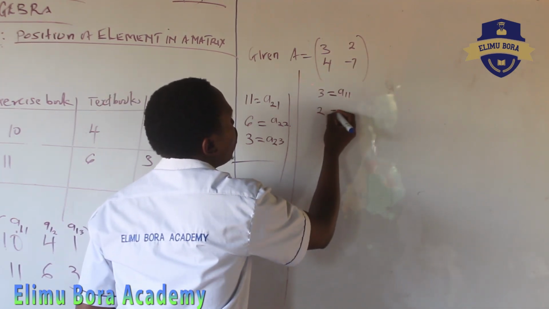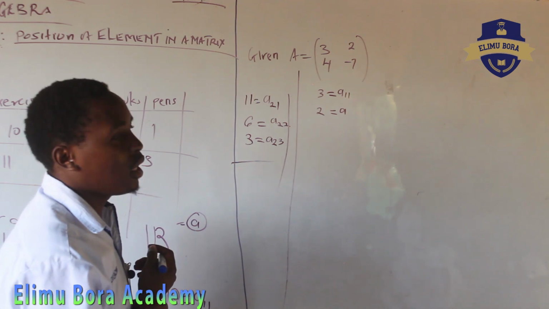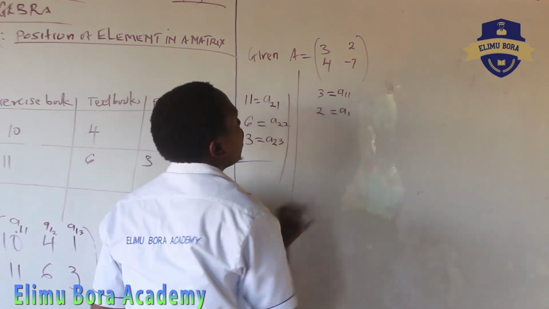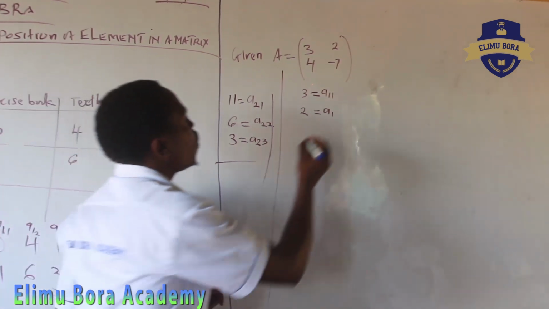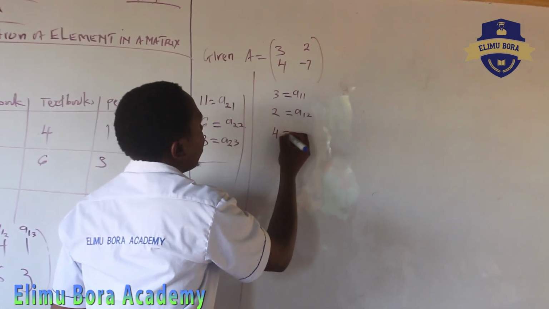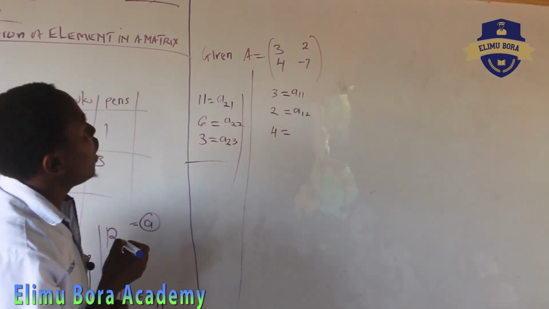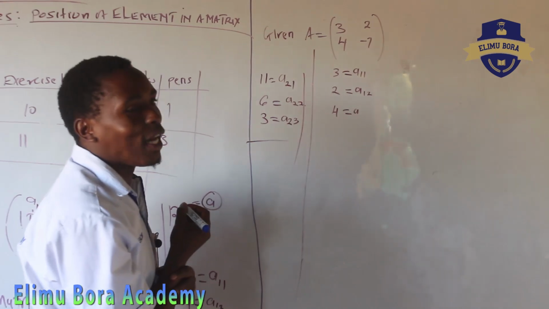Now the element 2. The row will be what? 1. Good. Then the column will be what? 2. Let's go to 4. The row will be what? 2.